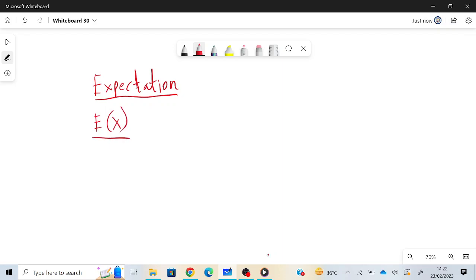Expectation is annotated like this. It's equal to the summation of x times the probability of x when it's x. This is how it is mathematically, but to have a clear understanding, let's have a table.